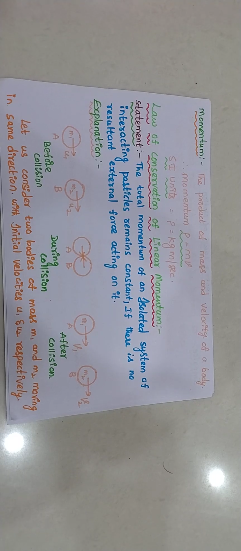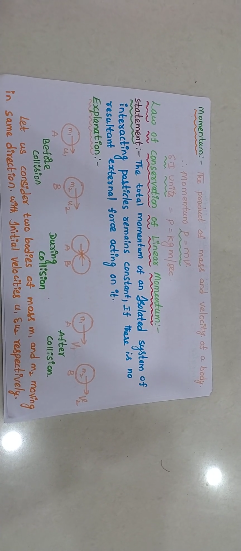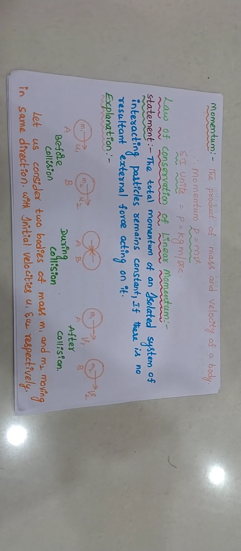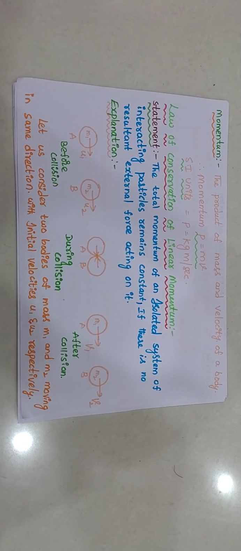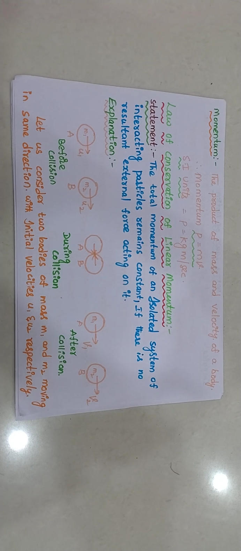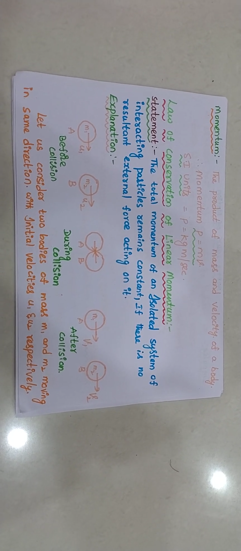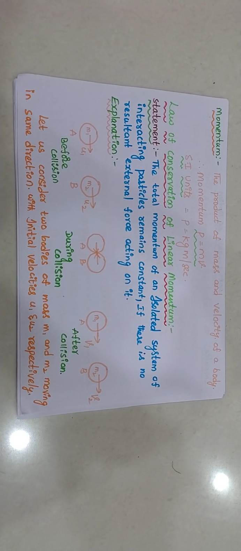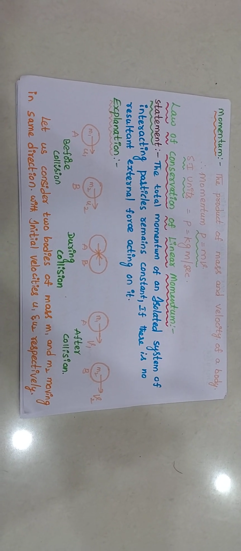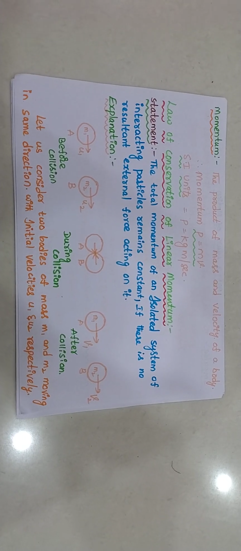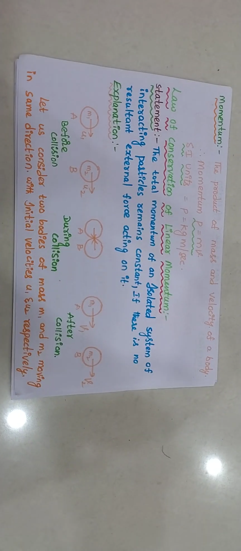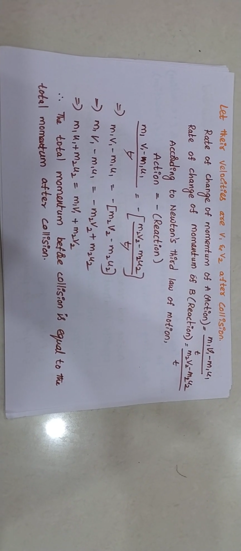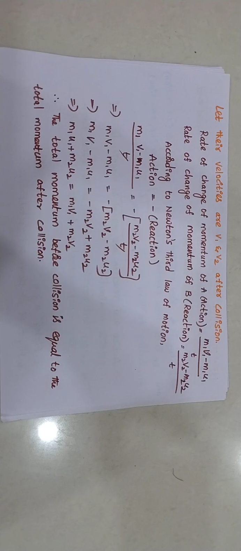After collision, their masses are equal, but their velocities are different, v1 and v2. Let us consider two bodies of masses m1 and m2 moving in the same direction with initial velocities u1 and u2 respectively. Let their velocities be v1 and v2 after collision.